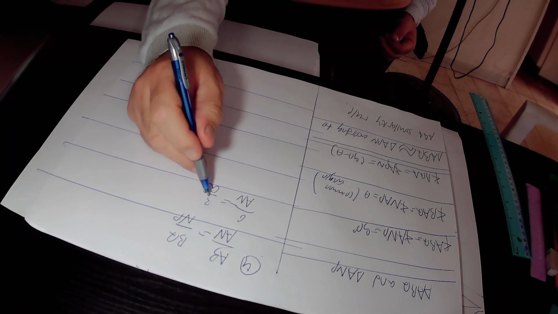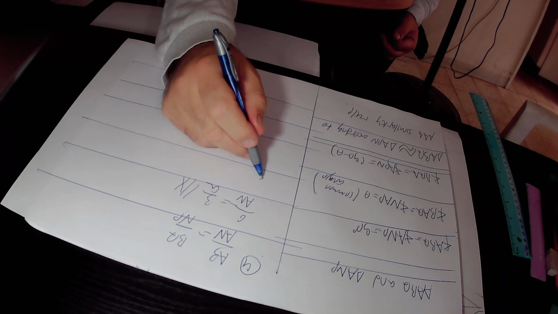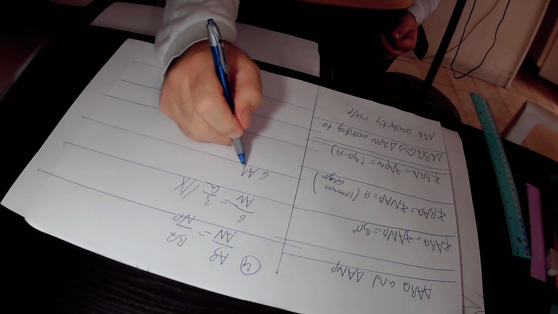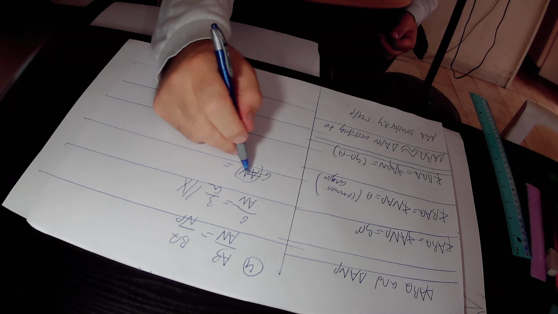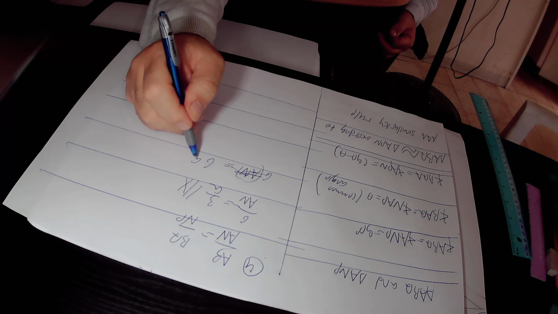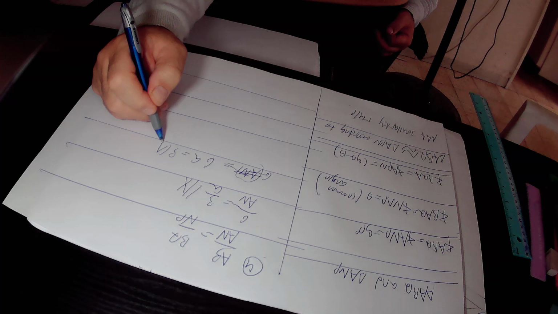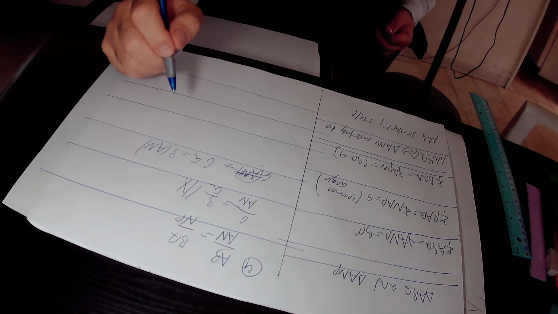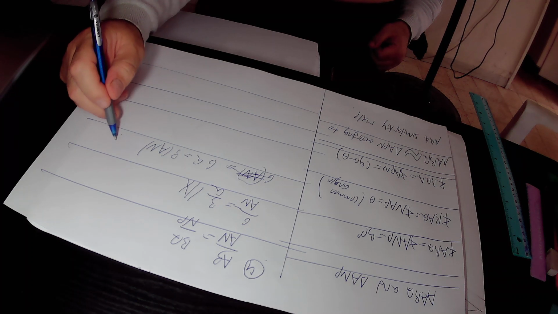Here we cross multiply this equation and we get that 6 times A equals 3 times AN. Here we divide this equation by 3.